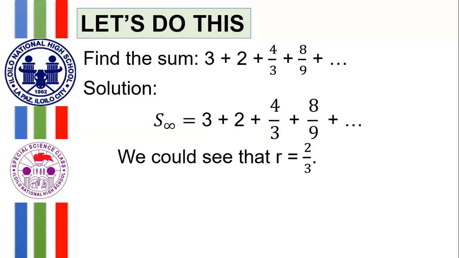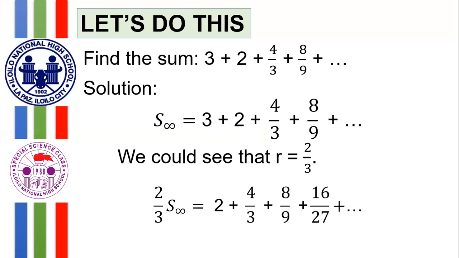And so the technique here would be multiplying both sides of the equation by 2/3, or whatever your common ratio is. So 2/3 S sub infinity equals 3 times 2/3, it's 2. 2 times 2/3 is 4/3. 4/3 times 2/3 is 8/9. 8/9 times 2/3 is 16/27 plus and so on.